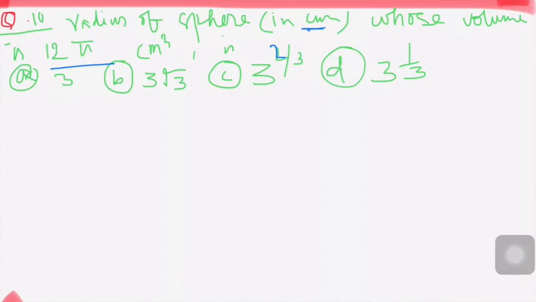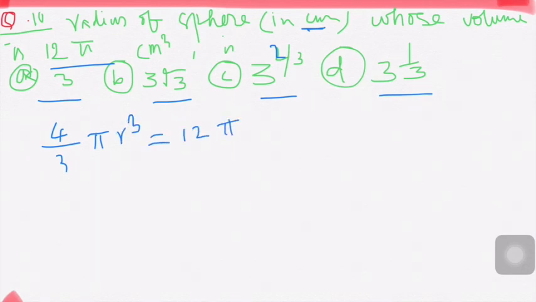Question number 10. The radius of a sphere in centimeter whose volume is 12 pi centimeter cube is, these are the options: 3, 3 root 3, 3 to the power 2 by 3, 3 to the power 1 by 3. So we know the volume of a sphere can be written as 4 by 3 pi r cube equals 12 pi.